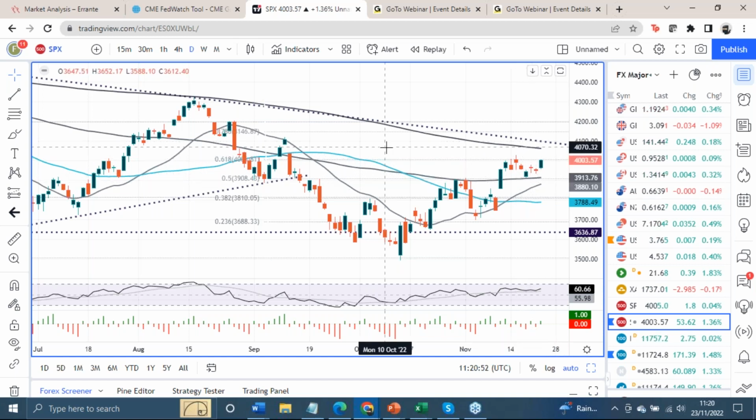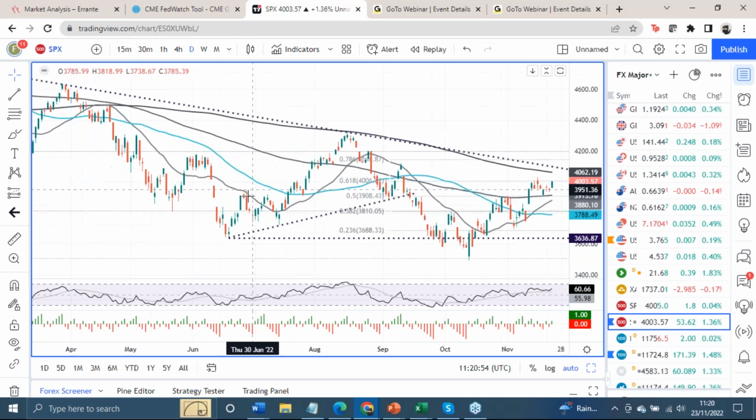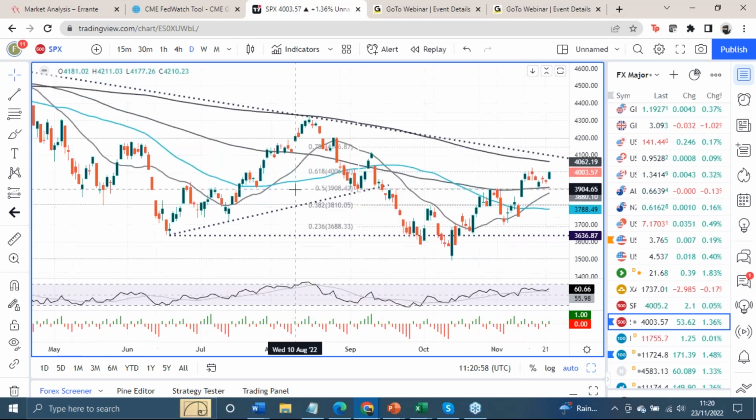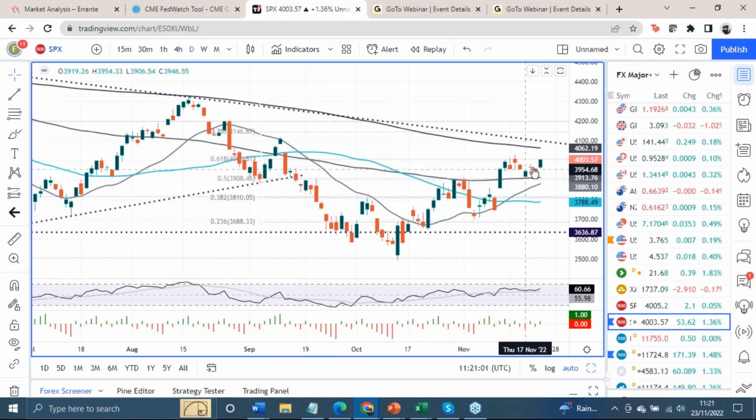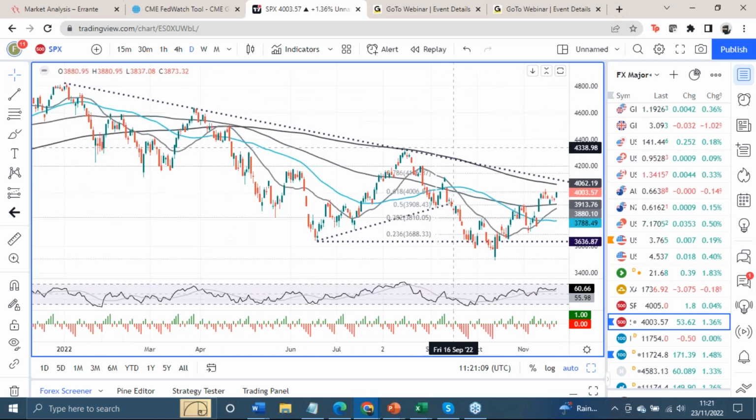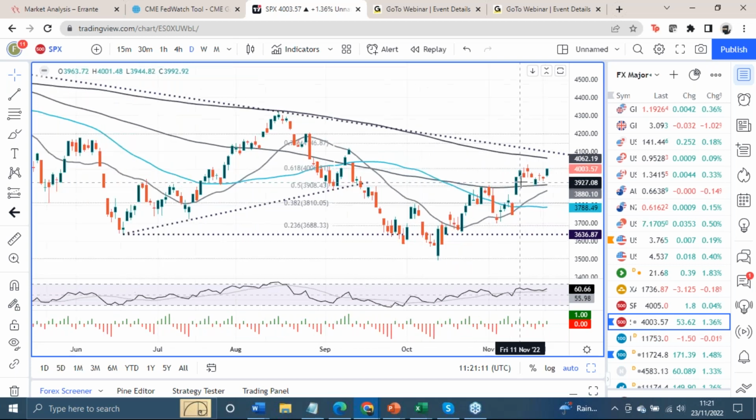You can see it capped prices in August and also back in April. That will grab the headlines if we approach that level, 4,062, the 200-day moving average in the S&P. You've also got that long-term trend line resistance just above there, the dotted line as well. So some key levels to look at if we do push higher for the S&P 500.